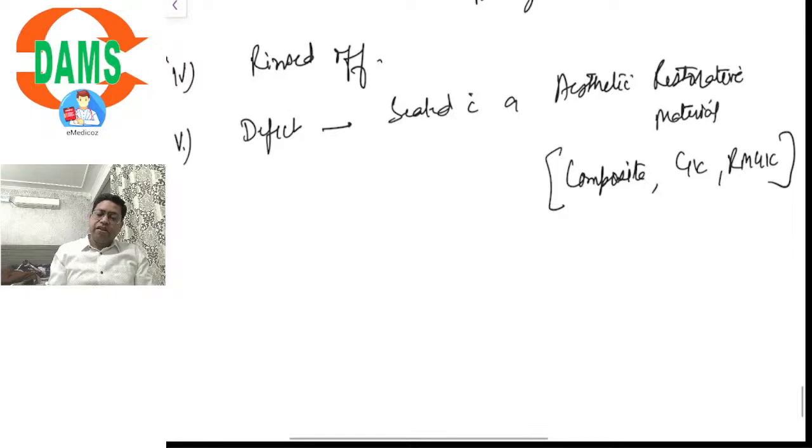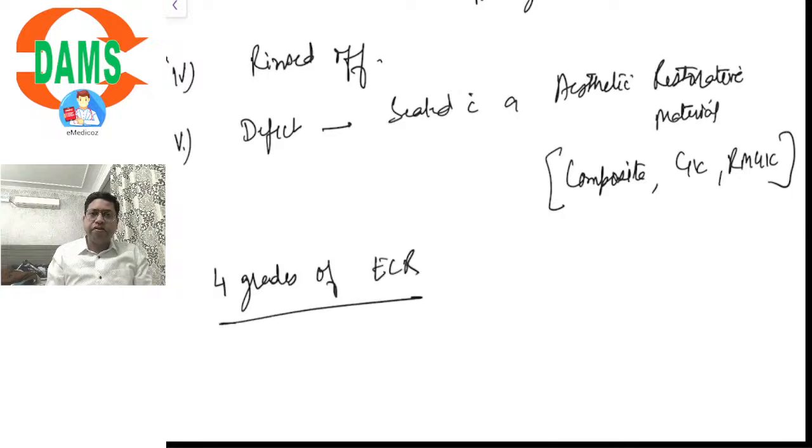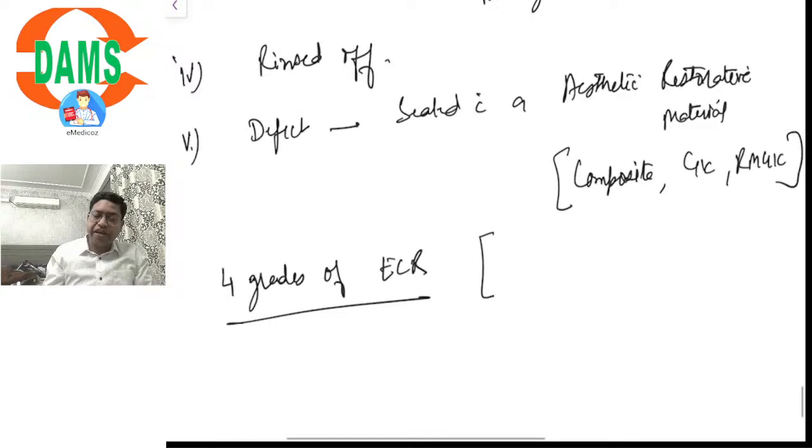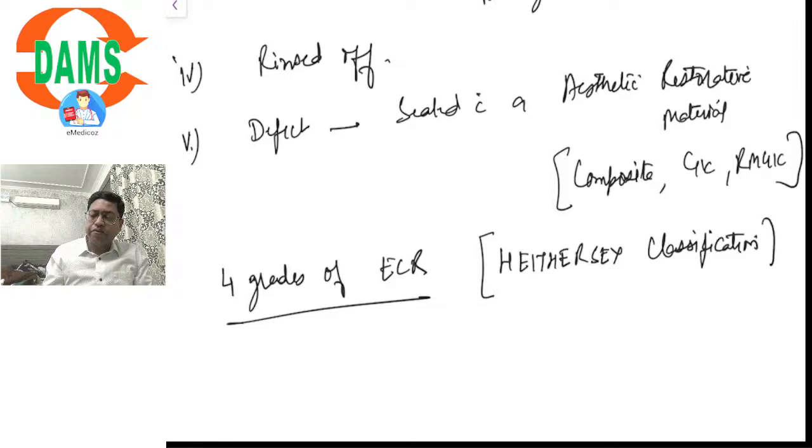Now, there are 4 grades of external cervical resorption. These 4 grades were based upon the radiographic classification given by Heithersay.